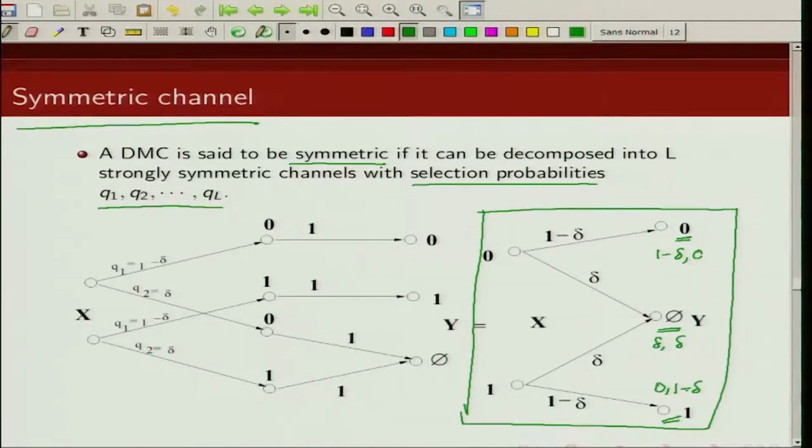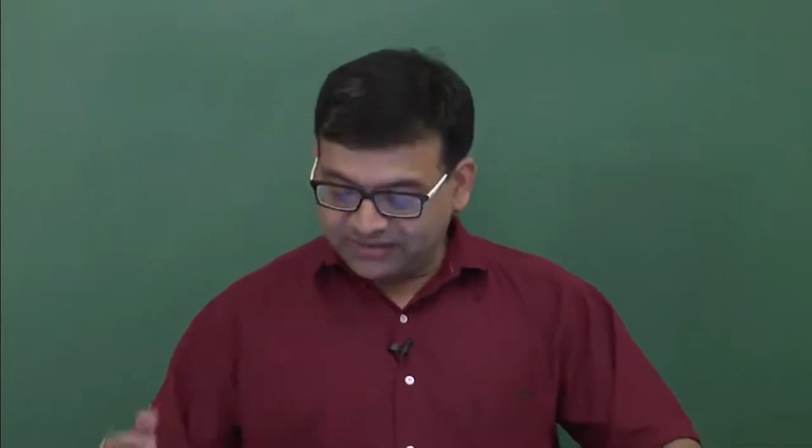So if I consider this state, which I call the erased state, my probabilities are different from the other output. So this is not a uniformly focusing channel, even though it is a uniformly dispersive channel, because from the input side, the transition probabilities are 1 minus delta and delta, and again 1 minus delta and delta.